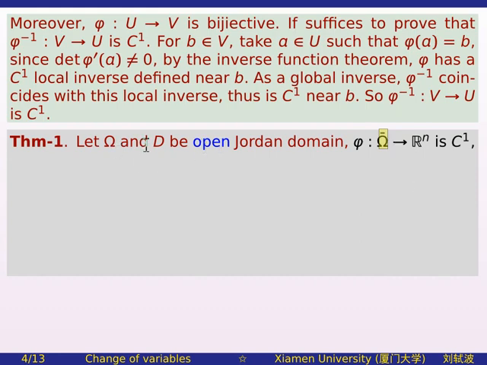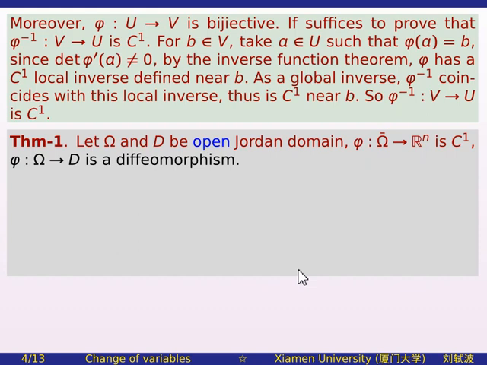So we need the closure. We assume that omega and D are open, but for some technical reason, we need phi to be C1, defined also on the boundary of omega, and as a map on the closure of omega, it is C1. Moreover, we assume that phi is a diffeomorphism between these two open sets. We just introduced the concept of diffeomorphism and also its relation with the change of variables.